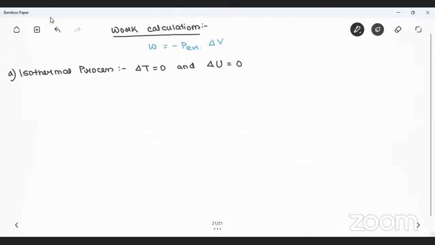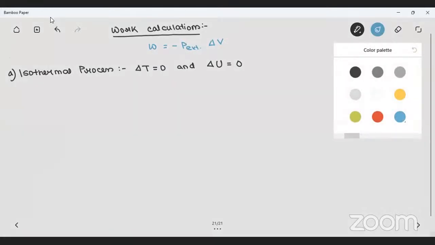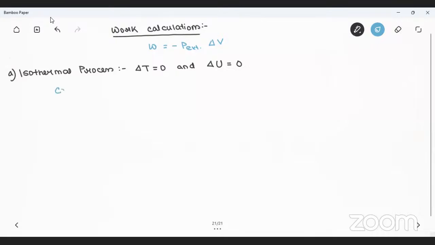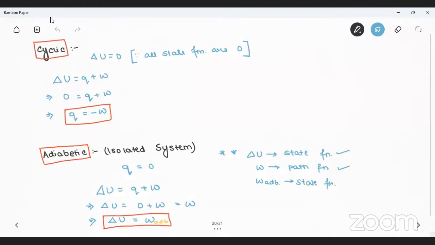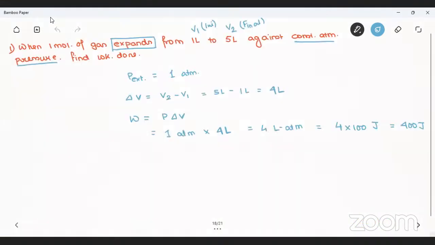Now for the isothermal process, there are two cases. Case 1, irreversible isothermal process. Remember, in yesterday's class I concluded with reversible and irreversible.